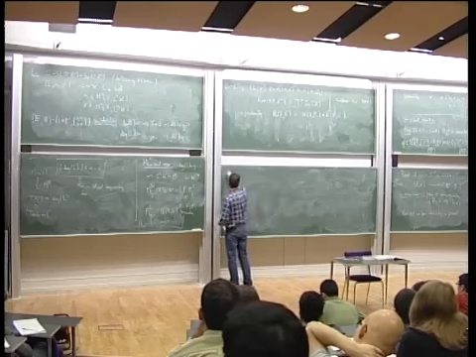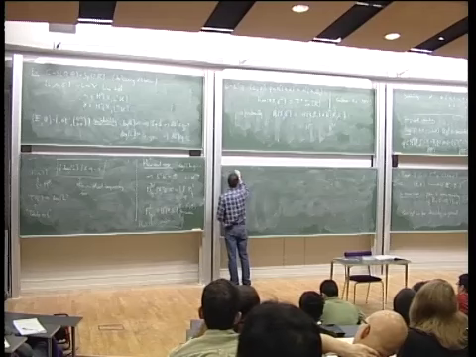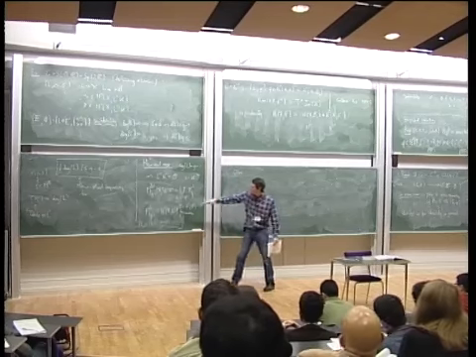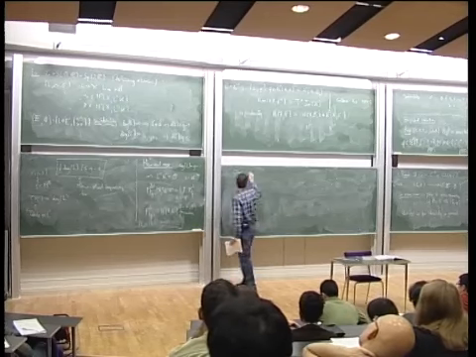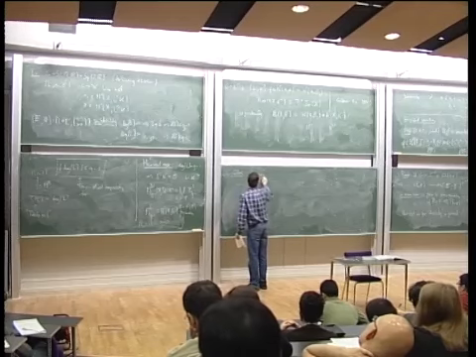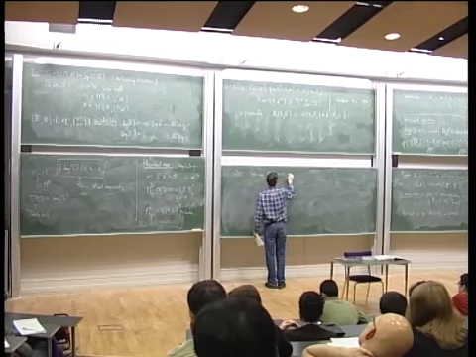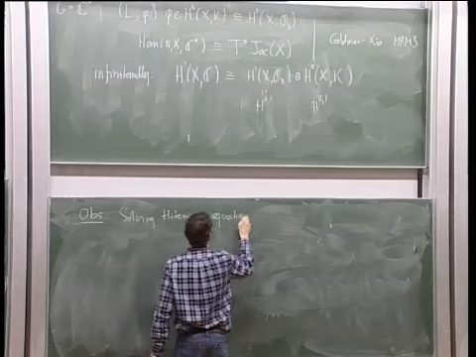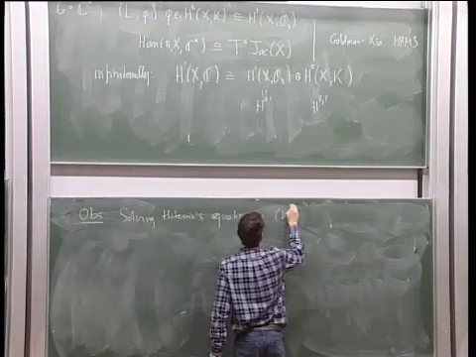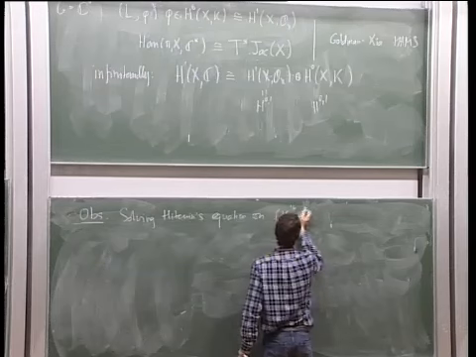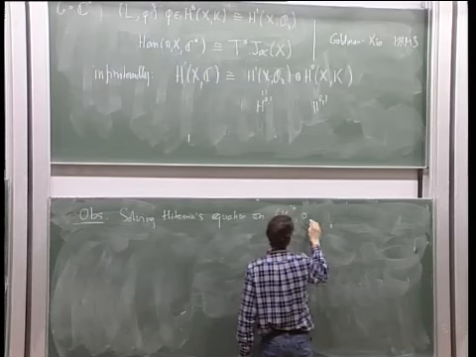The final observation I'd like to make is what it means if we take such a Higgs bundle. Let's take the simplest possible one, so let's put beta equal to 0.